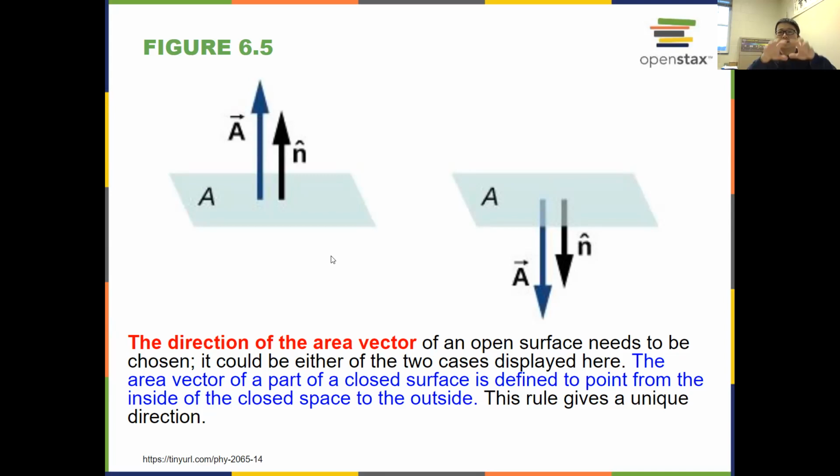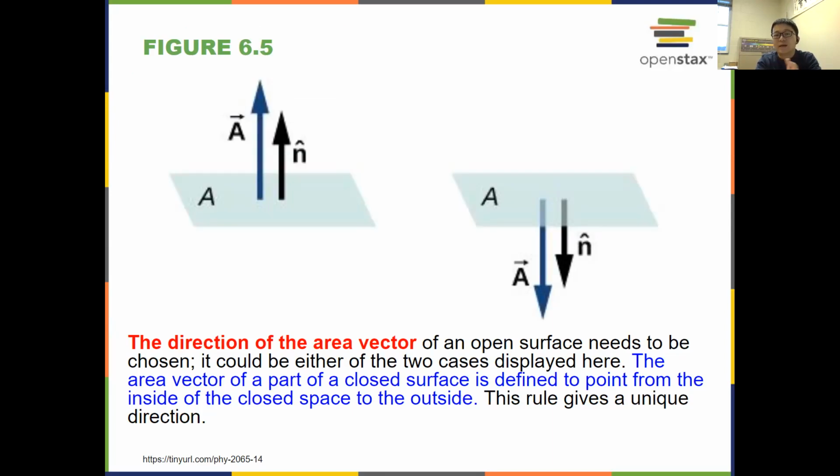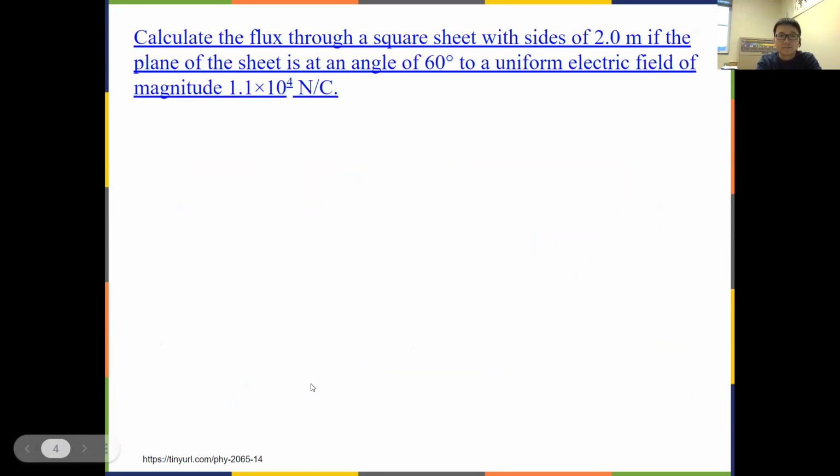Think of a sphere: its normal direction A vector points outward, not inward. For an open surface, it could be either, but for a closed surface, there's a particular direction.